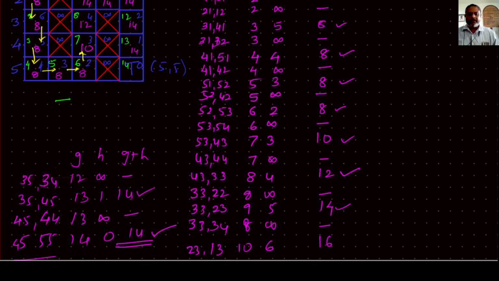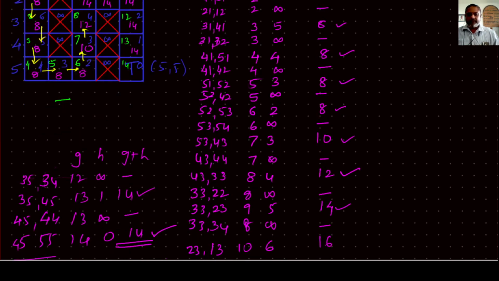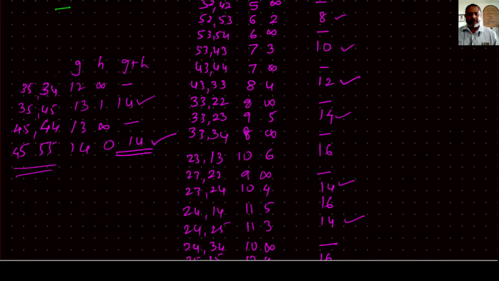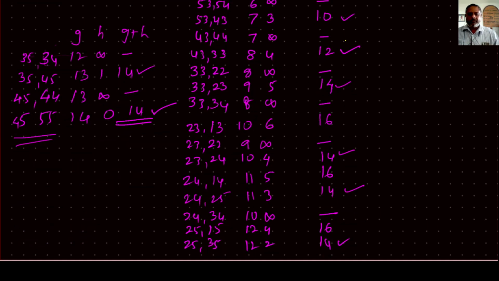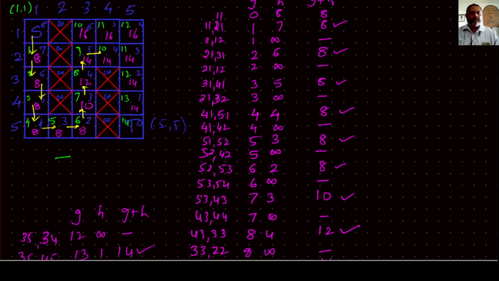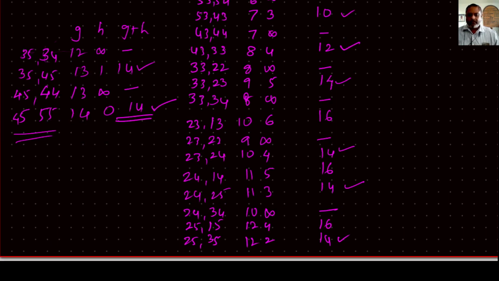And from 4 3 we went to 3 3. And from 3 3 we went to 2 3. And from 2 3 we went to 2 4. From 2 4 we went to 2 5.